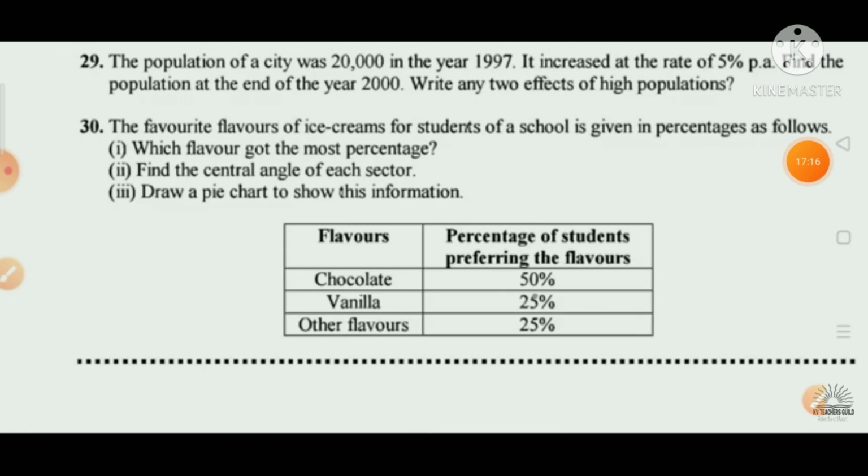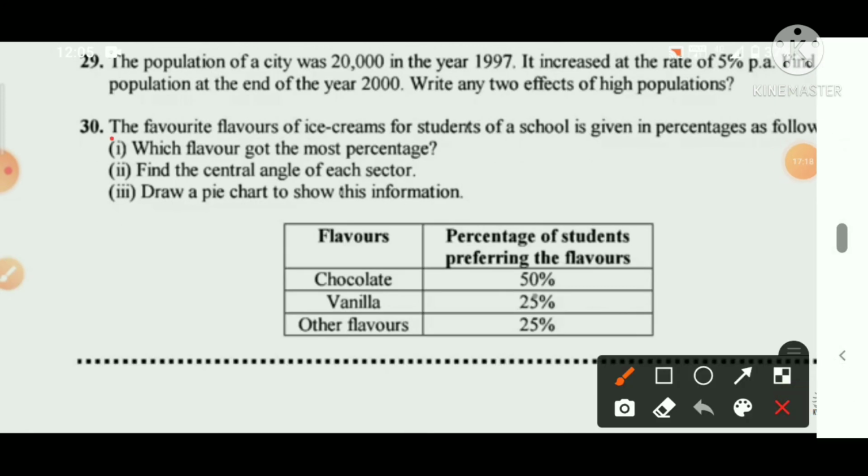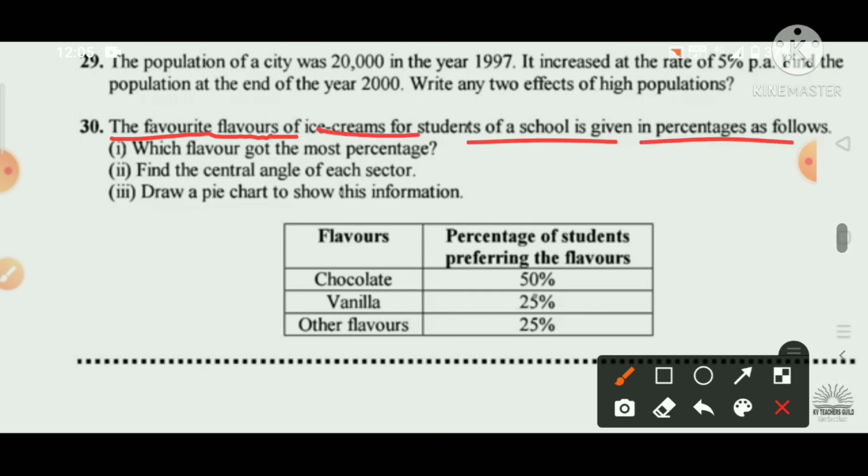So next question they ask is, the favorite flavors of ice cream of the students are given in percentages. So they have given a table here with flavors and percentage of students. The first question they ask is which flavor got the most percentage. Chocolate flavor got the most percentage.